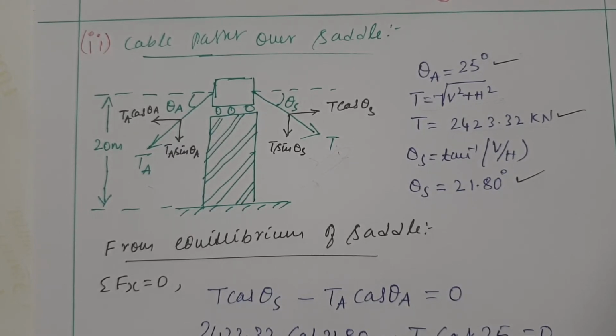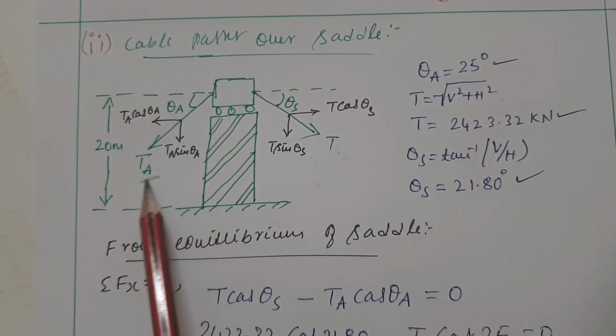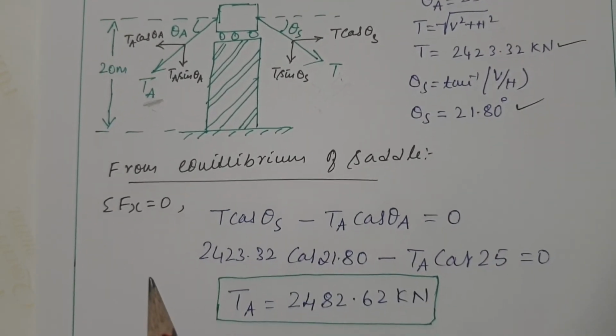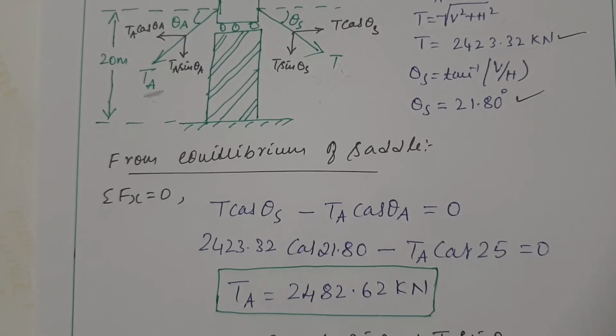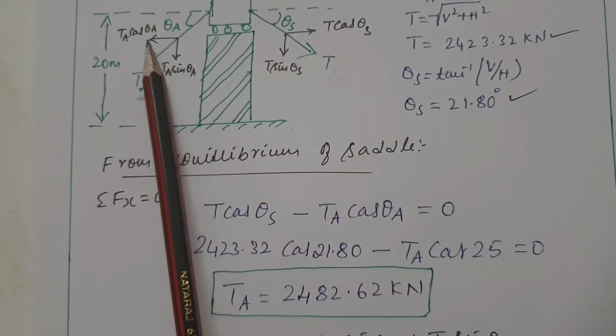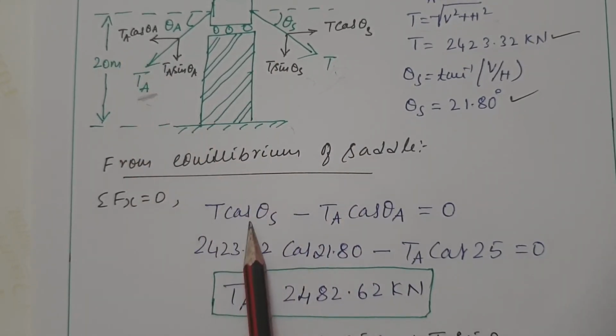After that, as I told earlier, we have to calculate TA, the tension in the anchor cable. This is for the cable passing over shuttle or roller support. So we apply the equilibrium condition. Considering sum of Fx equal to 0, with right hand side positive and left hand side negative: TA cos theta s positive minus TA cos theta a equals 0.